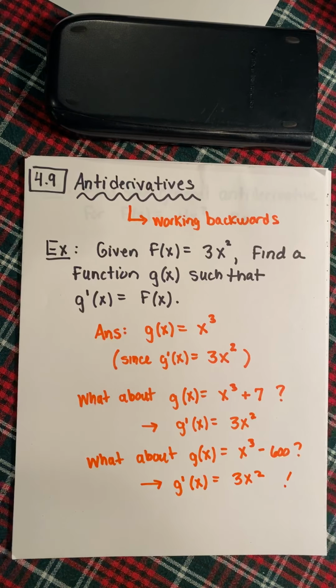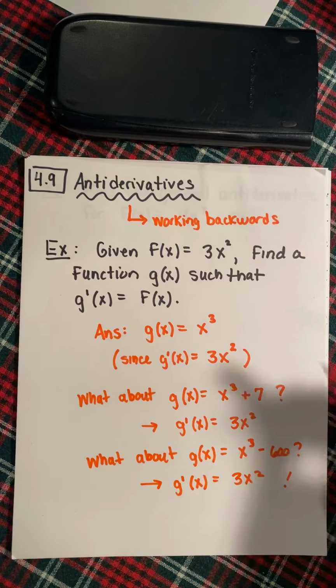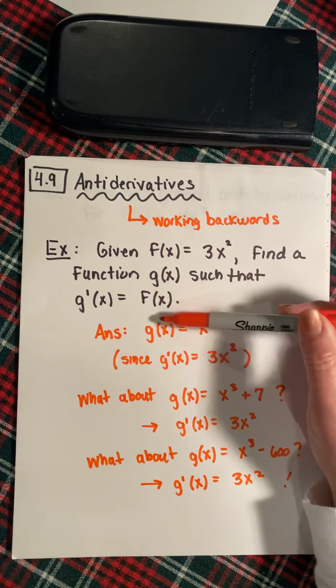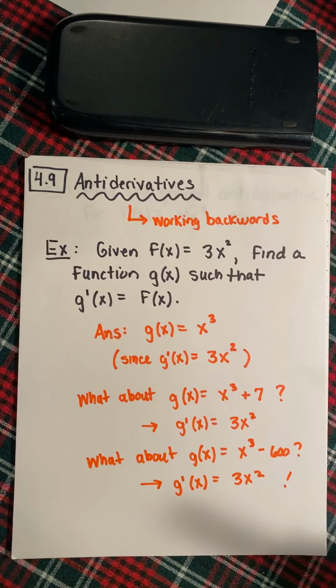So when we're working backwards, we have a different scenario than when we're working forwards. Taking a function and finding its derivative, we get one answer, but given a function and looking for its antiderivative, or working backwards, we can get many answers. Actually, this number in the end can be anything.